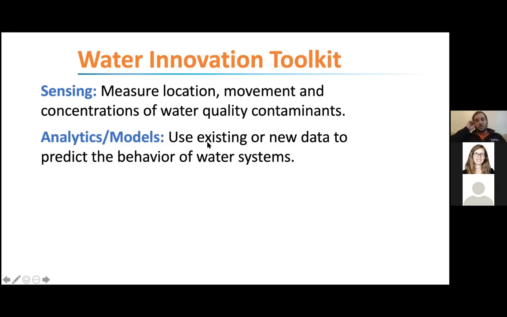Another really important source of information about water related challenges are analytics or models. And these are, instead of direct measurements of things that are going on in the environment, software tools that allow us to interpret what we might know about what's going on in the environment.